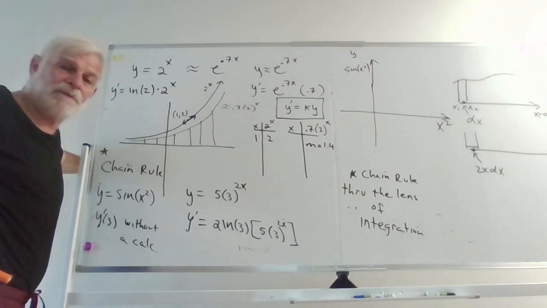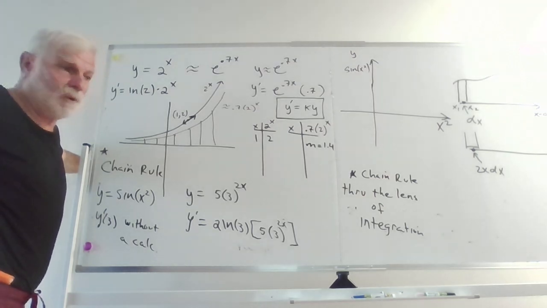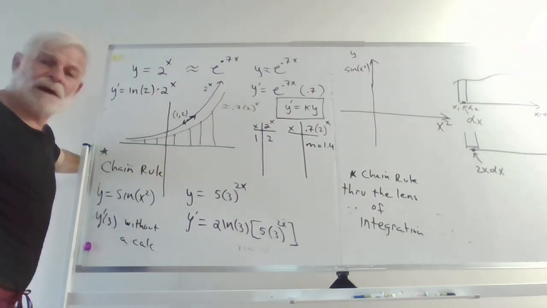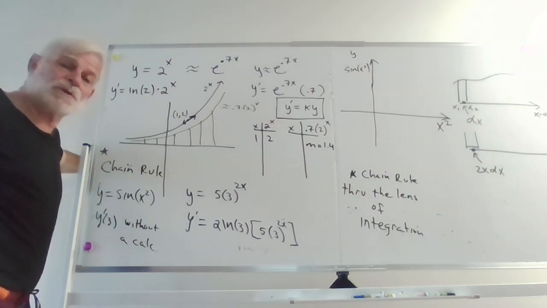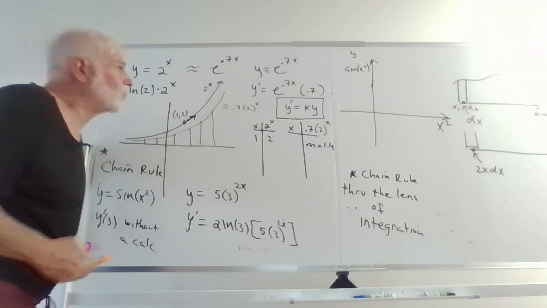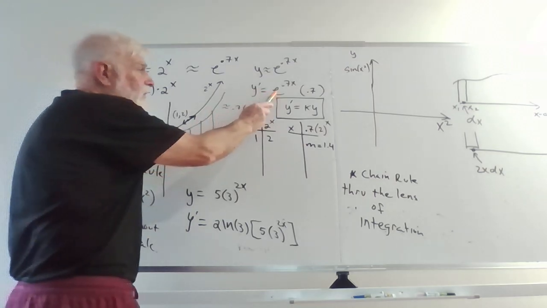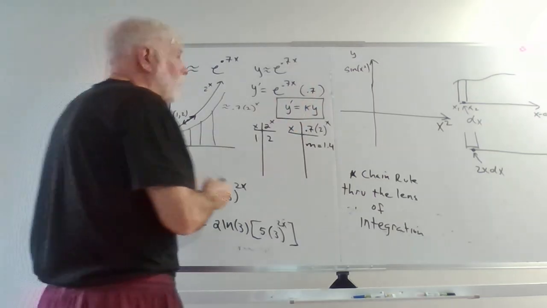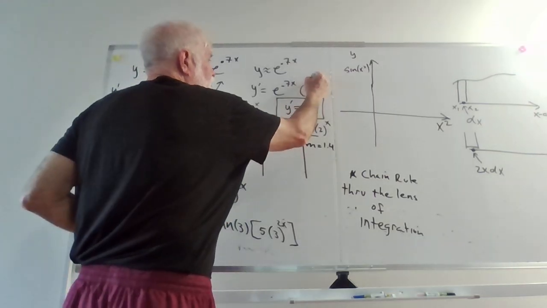And e to the 0.7 is roughly 2.0.69, but 0.7 is a nice round number to work with, and that's pretty close to 2 to the x, e to the 0.7x. And we have worked with the chain rule enough to know what its derivative is. It's e to the 0.7x times 0.7, which is what we are using as an estimate for the ln of 2.